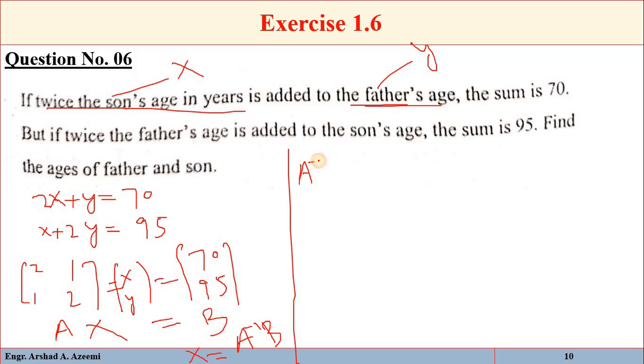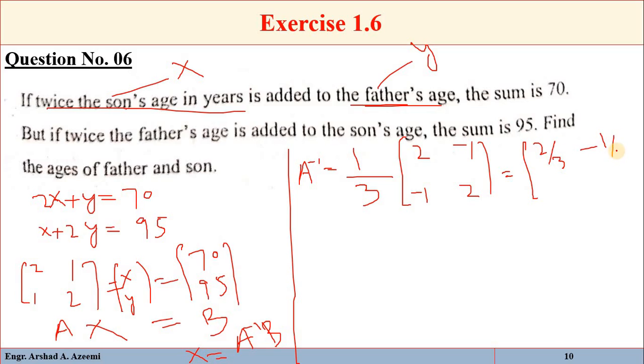A inverse is equal to 1 over determinant of A. So 2 times 2 is 4 minus 1, so that will be 3, and the adjoint of this one: interchange the main diagonal and change the sign of the secondary diagonal. So this is equal to 2 by 3, minus 1 by 3, minus 1 by 3 and 2 by 3. This is the inverse.